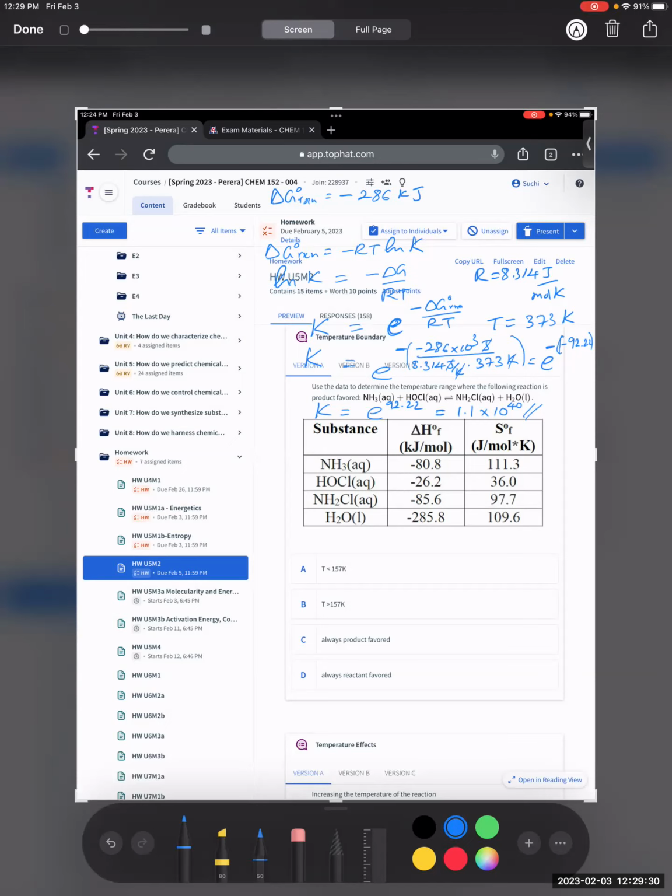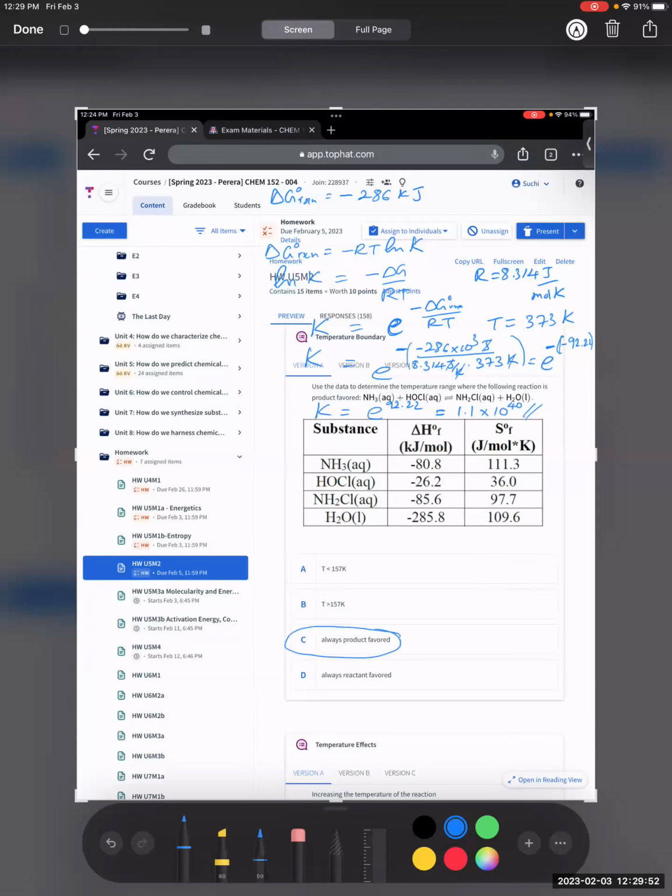This reaction has a negative delta H, that means products are favored by the potential energy, and also it has a positive delta S, meaning products are favored by entropy as well. So it's going to be always product favored, so it's going to be option C.